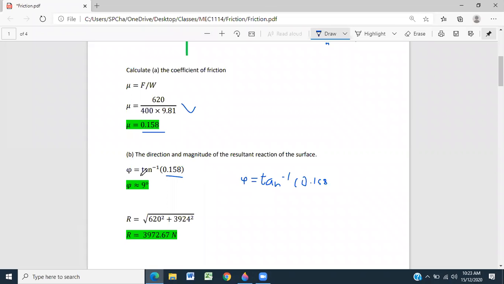Simple, and this is approximately equal to 9 degrees. So nothing too difficult.